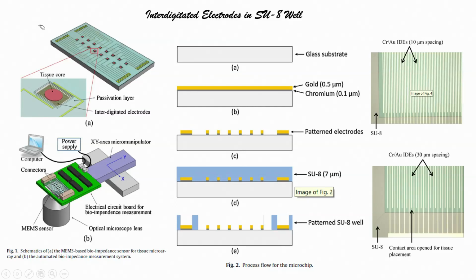If you concentrate on this process flow, the first step is to take a glass substrate. Then we will use physical vapor deposition, either e-beam evaporation or thermal evaporation, to deposit chrome gold, followed by patterning electrodes.